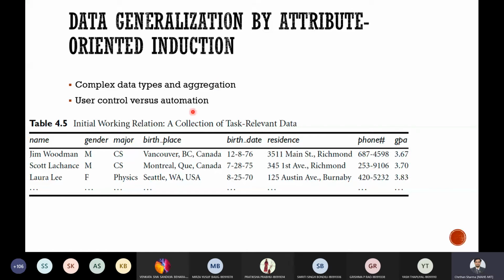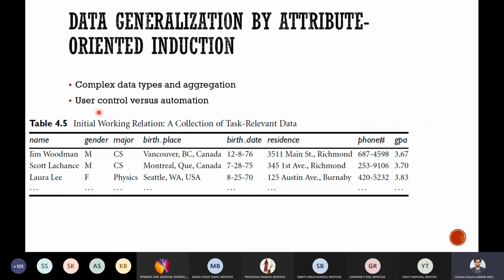And the second thing is user control. Your data warehouse is a user-controlled process. The selection of dimensions, the application of OLAP operations, etc., are all controlled by the user. I choose which dimensions I want, or maybe I select which operations I require.